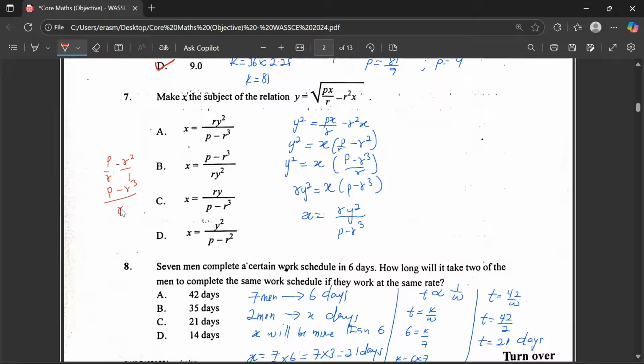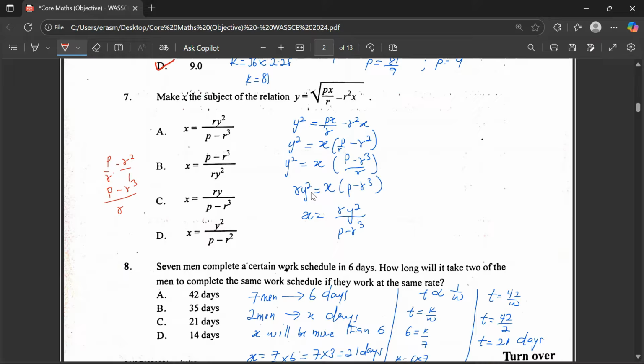Then 1 divides r by r. And then r times r squared is r cubed. Then we bring r minus. So that is the value. So this is equivalent to this, right? Okay. And so we have r being multiplied by y squared.